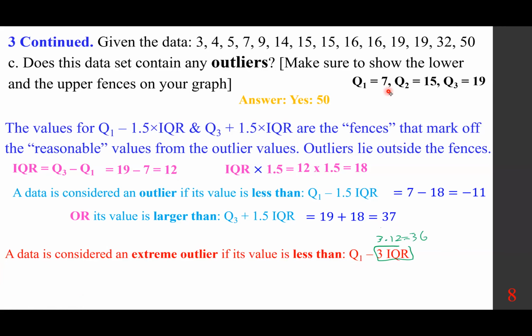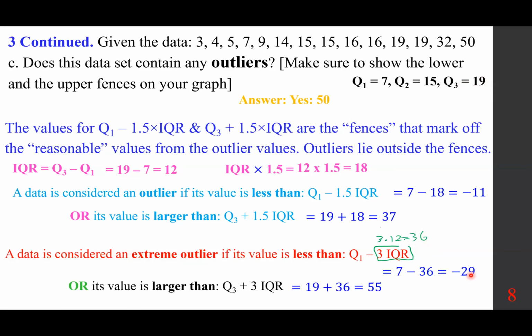So Q sub 1, 7 minus 36. Q sub 3, 19 plus 36. So if it's beyond this number, if it's smaller than, we don't have to worry about negative, we don't. If it's beyond this number, if it's larger than 55, it's an extreme outlier, we don't have any.